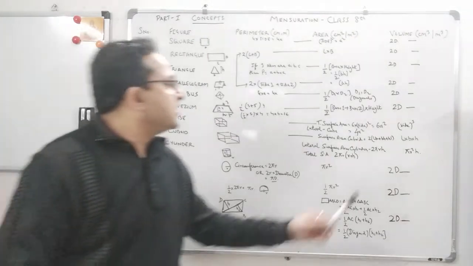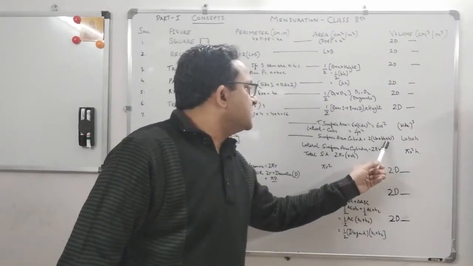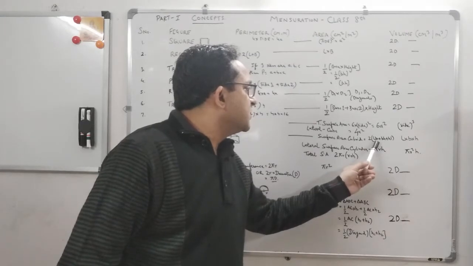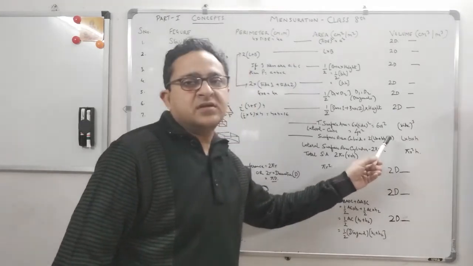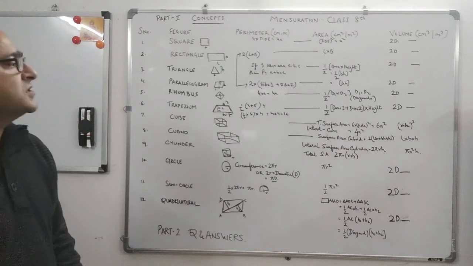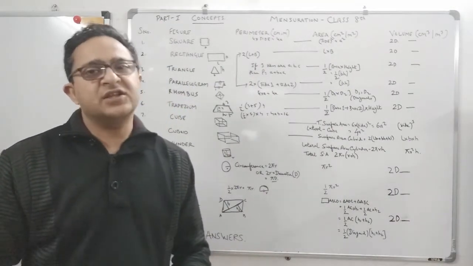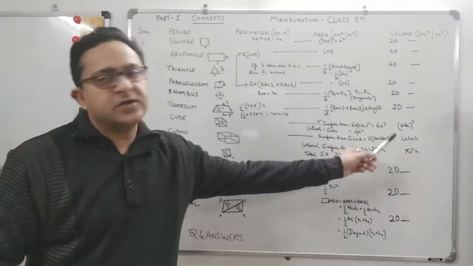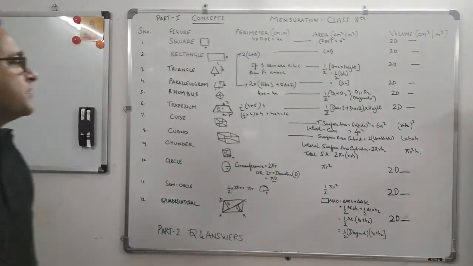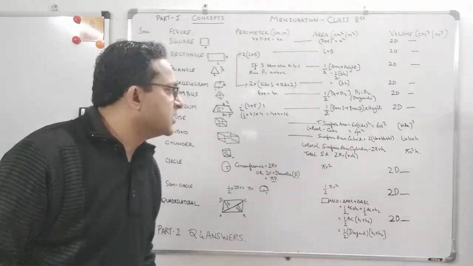So twice, in brackets, LB plus BH plus HL, where HL is height into length. So this is the surface area of the cuboid.